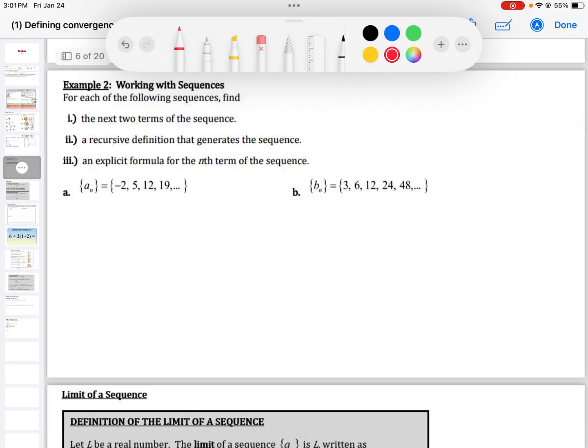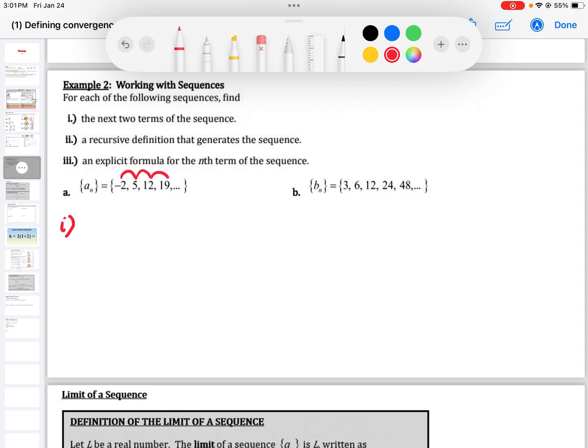All right, let's keep going with some more examples. Working with a sequence. Find the next two terms of the sequence, find a recursive definition, and then find an explicit definition. So recursive needs the term before it to find the next term. Explicit is like a little formula. All right, so part 1, the next two terms of the sequence.